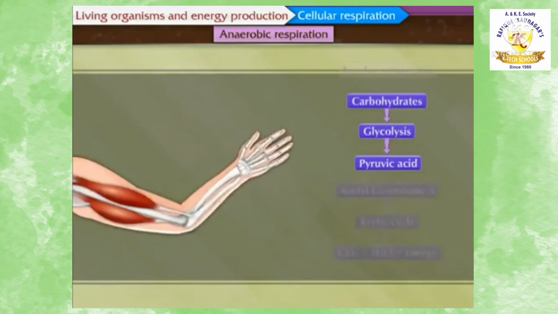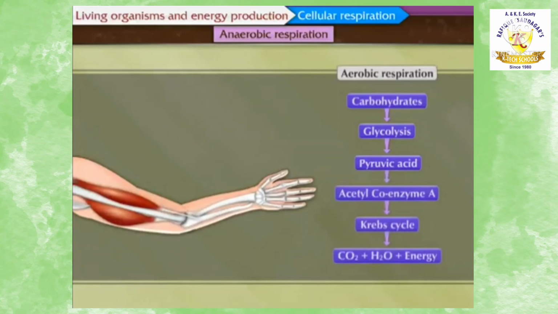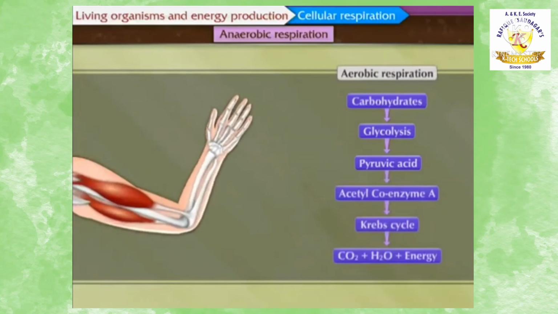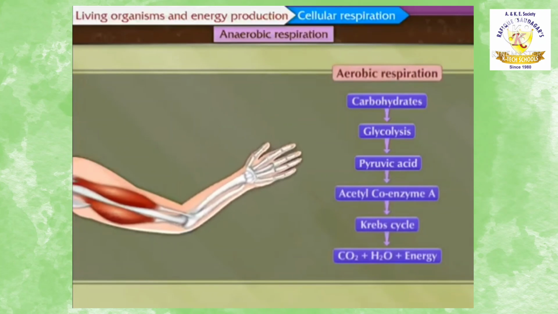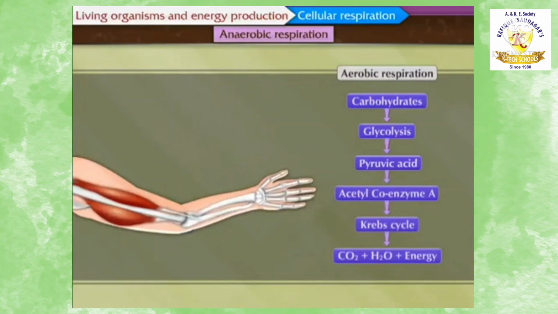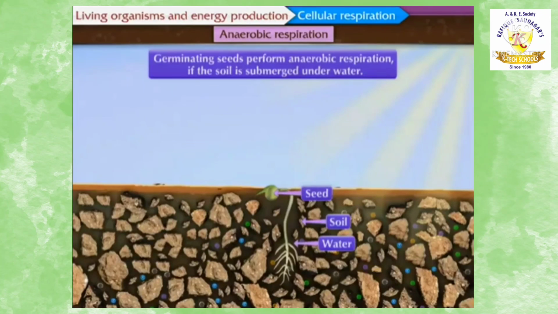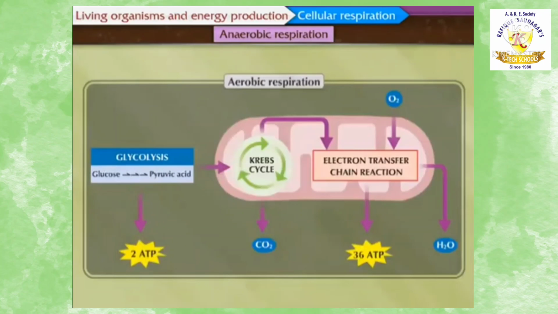When oxygen level returns to normal, muscles again return to aerobic respiration. And also, germinating seeds perform anaerobic respiration if the soil is submerged under water.